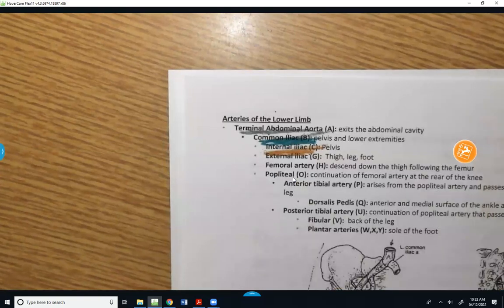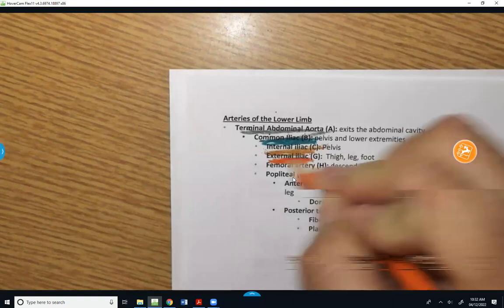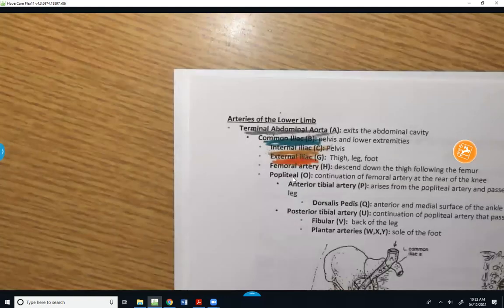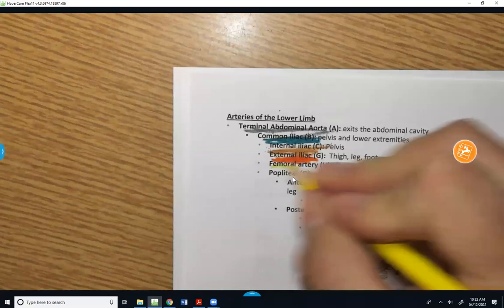That comes to a fork in the road, one of which is the internal iliac. The one that we'll focus more on is the external iliac. Just like in our arms, that will change names as it passes past our hip and into our thigh, where it will become known as the femoral artery.